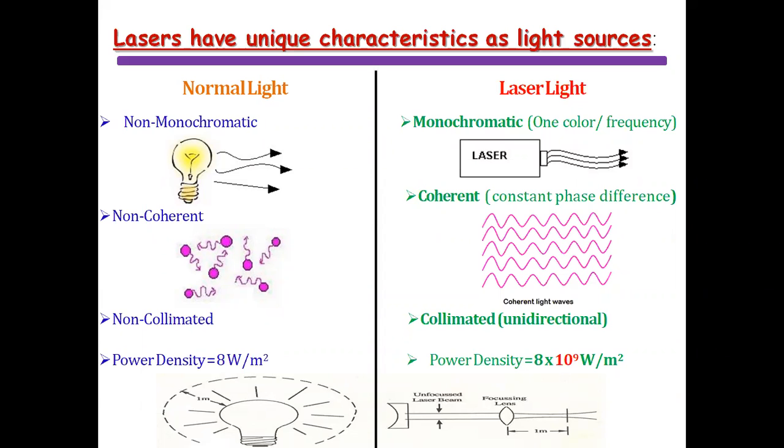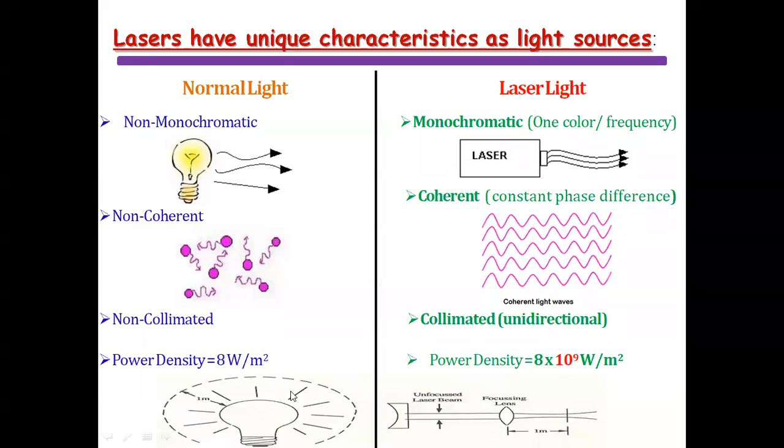Whereas in non-coherent sources such as normal light, the light is emitted in random directions with different phases. The third one is the collimated nature of laser light. Collimated means unidirectional. Laser travels in a single direction, whereas normal light is emitted in the entire space.